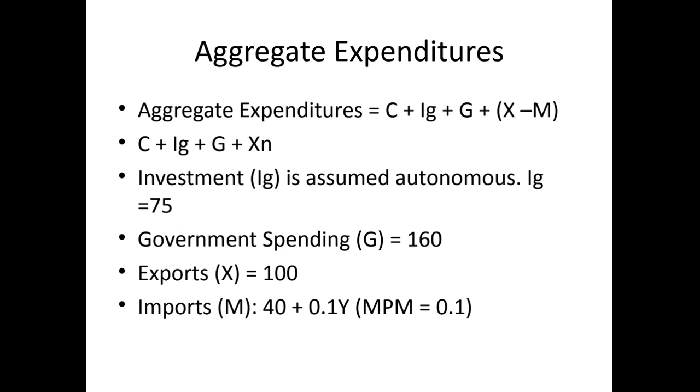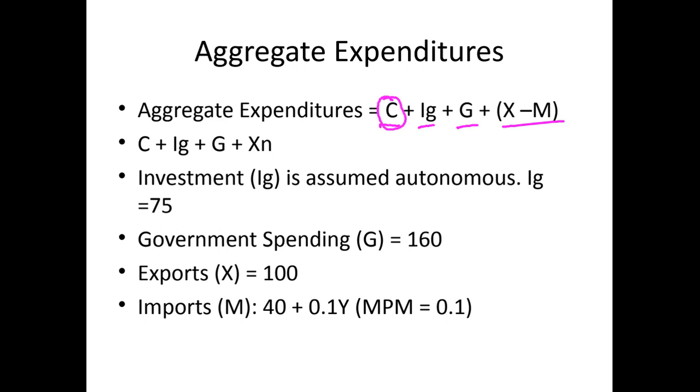Now I write all these components, and these are simple equations. This is basically the assumption: we are assuming that these are the values, just to help you understand the simplest model, the aggregate expenditures model. So let's see this. I told you that aggregate expenditures are basically these four components. I have already discussed in detail the consumption function, if you remember.